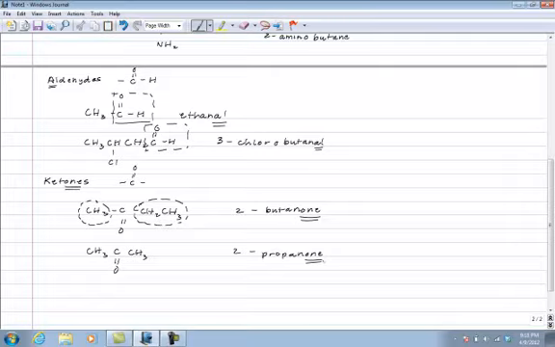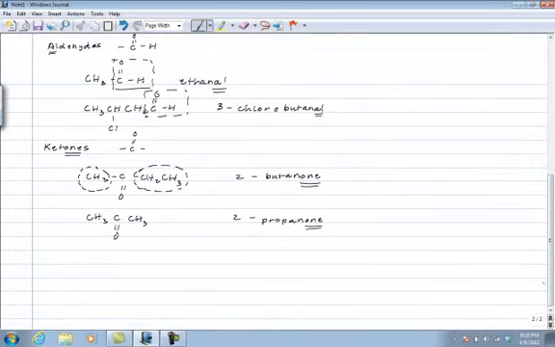Alright, continuing to move on with different functional group names. We're almost done. We have carboxylic acid. You might recognize certain carboxylic acids. Acetic acid happens to be a carboxylic acid because of its structure.